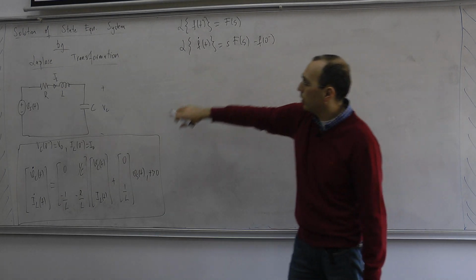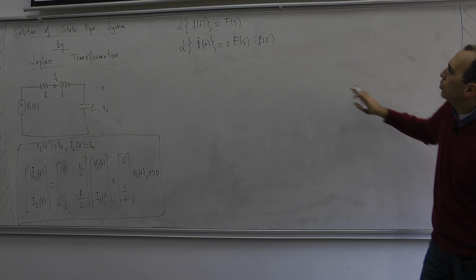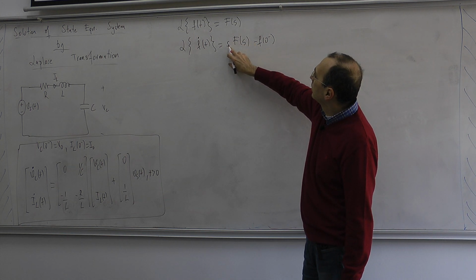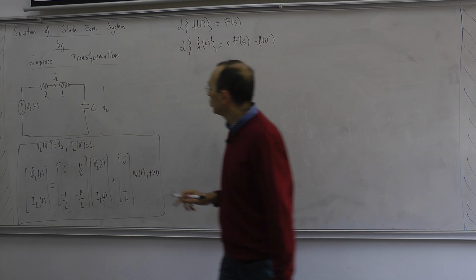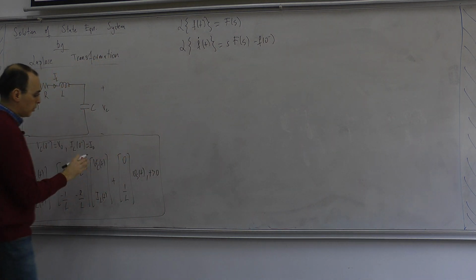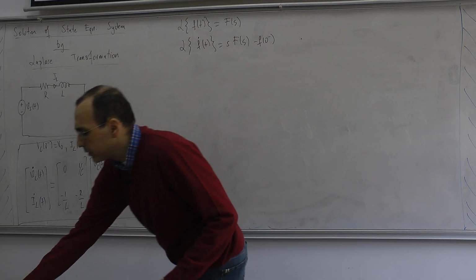A scalar is essentially the initial condition. So which one is easier? You see that multiplication by this s variable is rather easy than differentiation. So we'll be making use of this fact for the solution of state equations. So let me keep this.